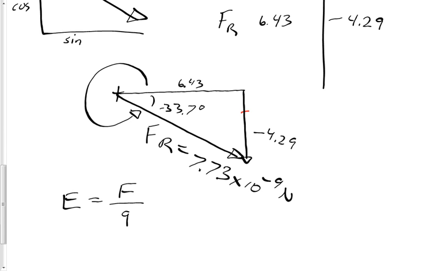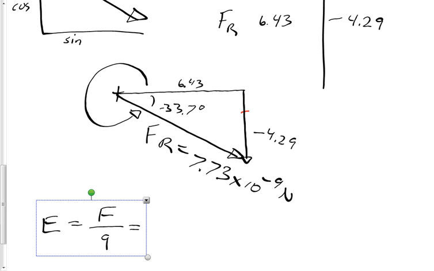So the force being the 7.73 times 10 to the negative 9th, and the charge that has a force acting on it has a value of 1 nanocoulomb, otherwise known as 1 times 10 to the negative 9th. So that's why we take this force of 7.73 times 10 to the negative 9th newtons and divide it by the charge, which is 1.0 times 10 to the negative 9th coulombs.